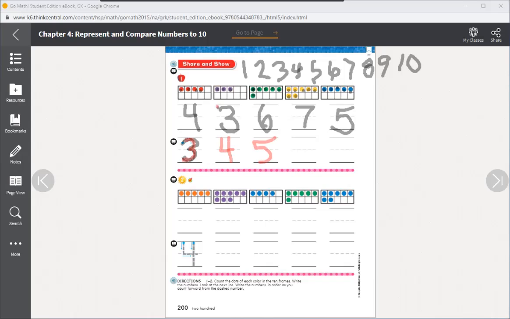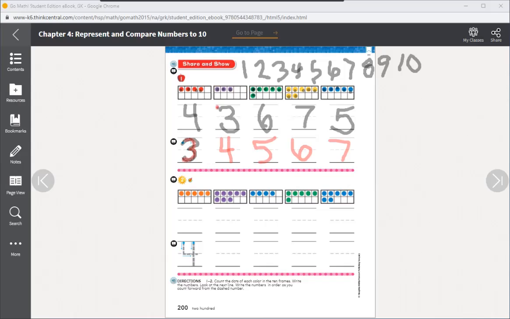What's after 5? Look at the number order sequence in the number line right here. What comes after 5? 6. Yes, and then after 6? 7. Good job. Thank you, Ayla.